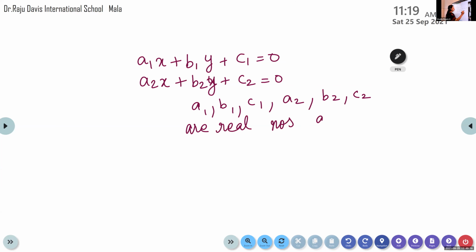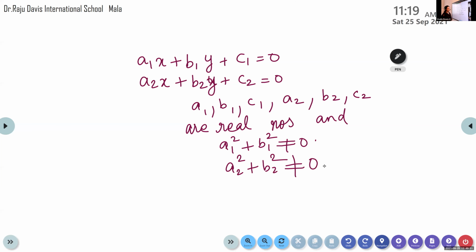And what is the condition? A1 square plus B1 square is not equal to 0, and A2 square plus B2 square is not equal to 0.